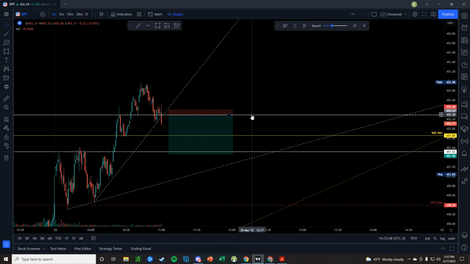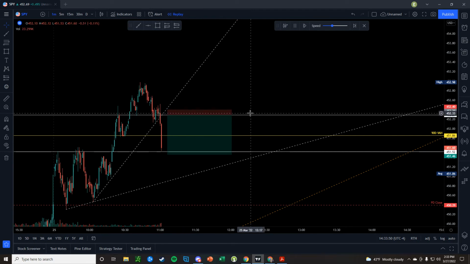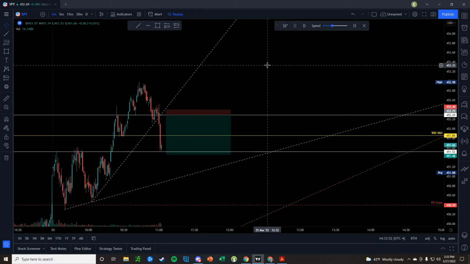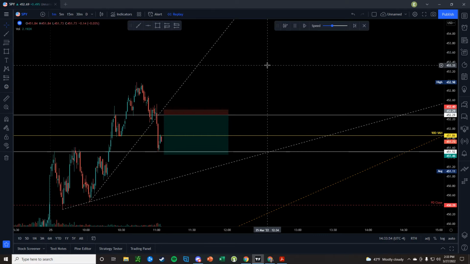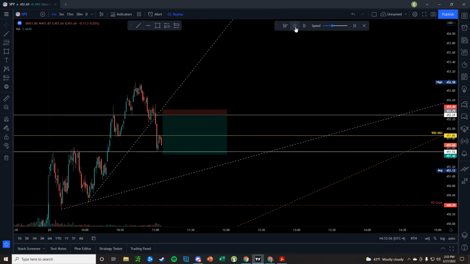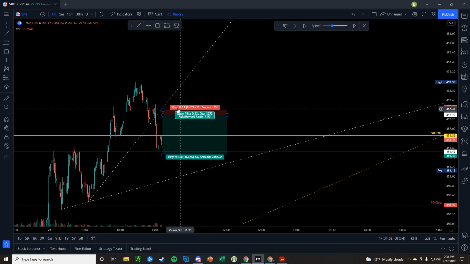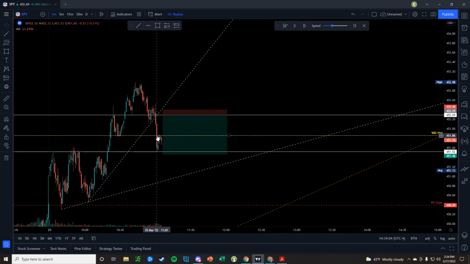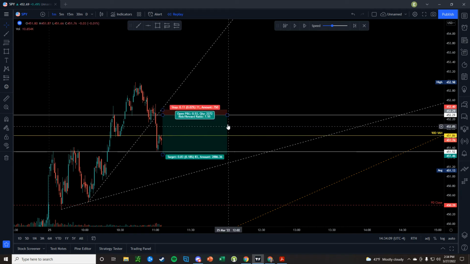We're going to be using this resistance line as our entry point. All right, so we've broken everything. We missed an entry because of how quick that all moved. We've now broken through a major support.